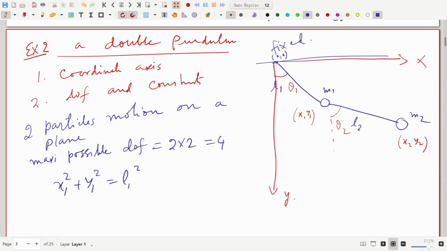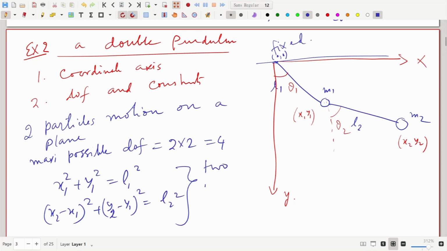So this is the first constraint. Similarly, the distance between the first mass and the second mass will also be constant: (x2 − x1)² + (y2 − y1)² = L2². So two constraints, two holonomic, and they are independent constraints.